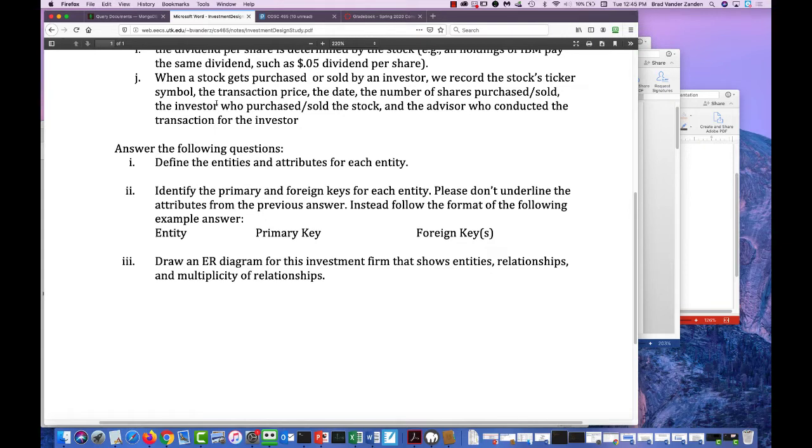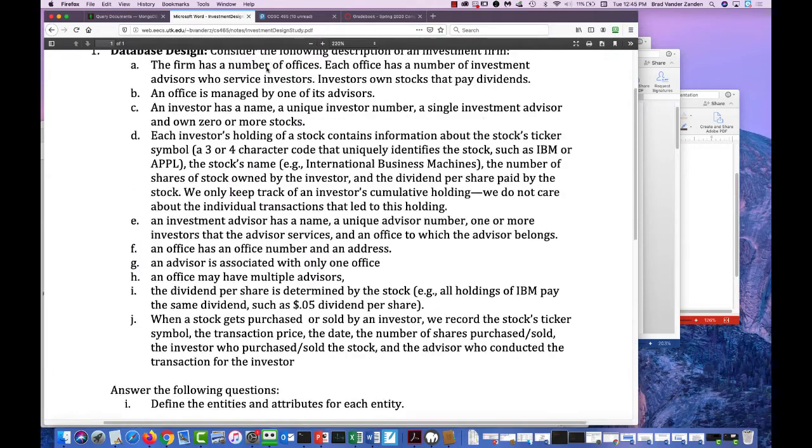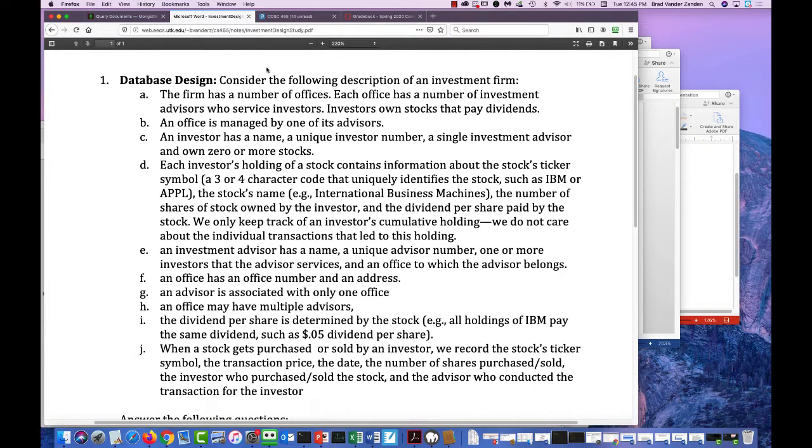And I intentionally did it in that order because if you can get the entities first and then you can get the foreign keys, you have a good shot at getting the relationships right. Not a lock, but if you can get the foreign keys right, you have a good shot at getting relationships. So you needed to show the entities, the relationships, and the multiplicity of the relationships.